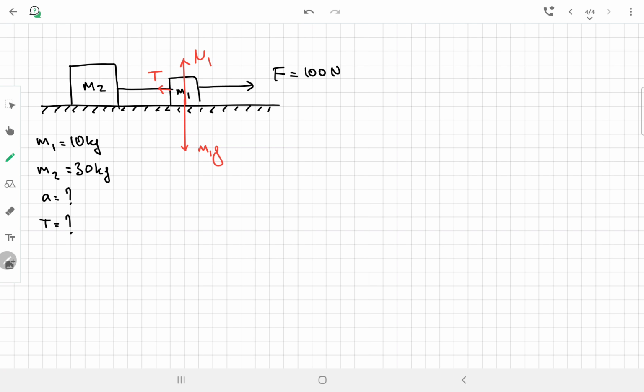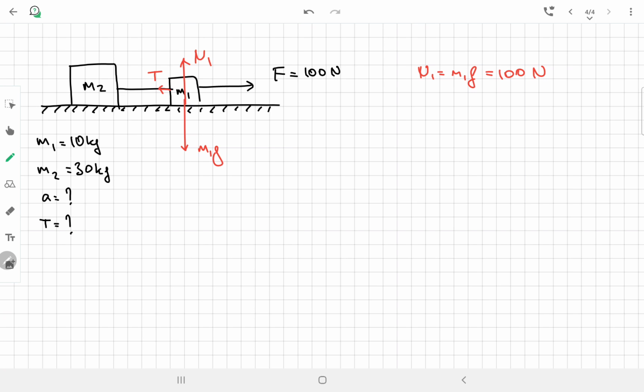And we know that this object is not moving in vertical direction, and we can say that normal force equal to M1g, as we explained in the previous example. Very simple. Which is equal to 100 newtons. And again, this object can move only in horizontal direction.